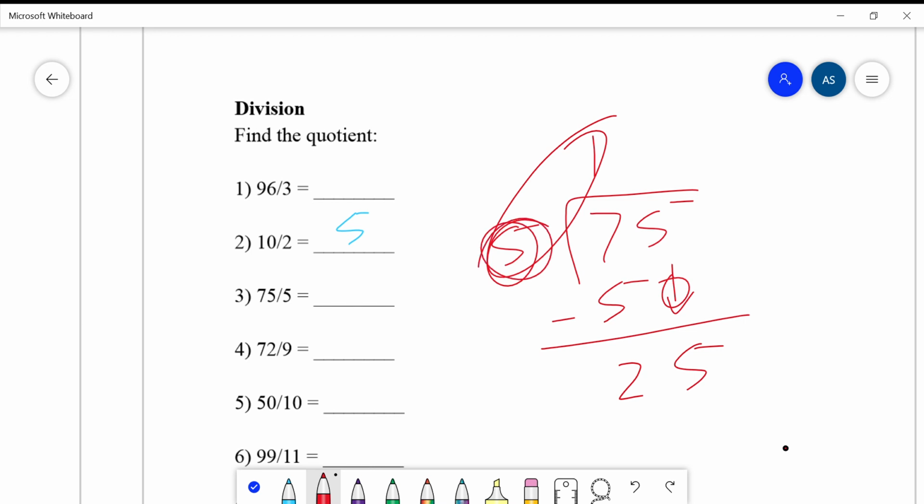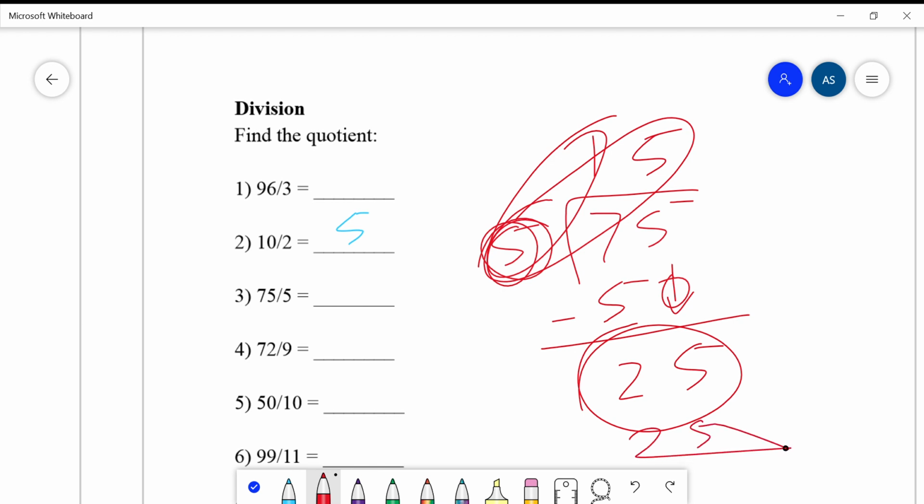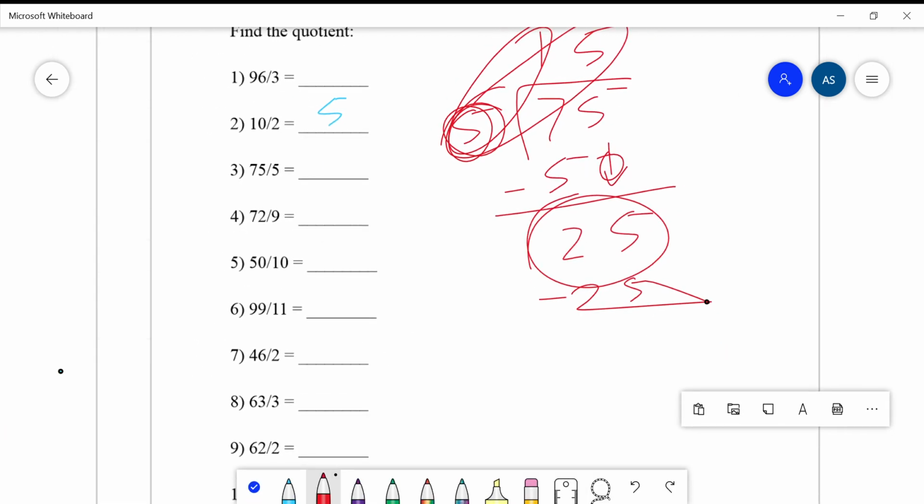5 can't go inside 2, so we've got to look at this whole number. Now, what times what equals 25? Well, I know that 5 times 5 is equal to 25, so I'll just write that right now. If you subtract that, that is going to equal 0, because these cancel out.